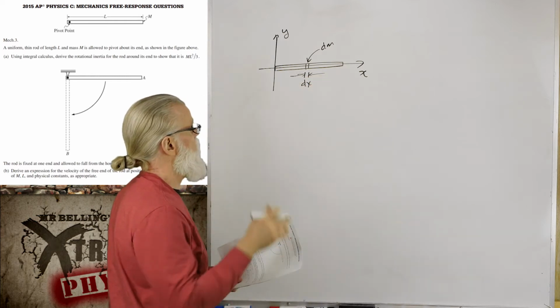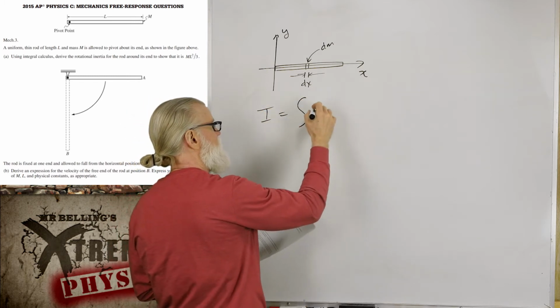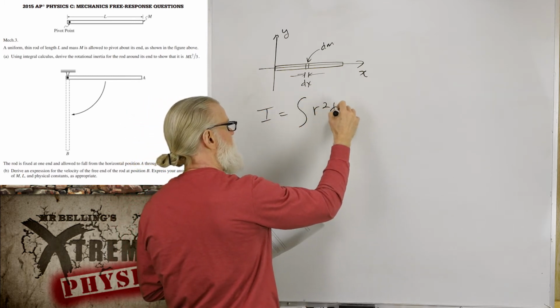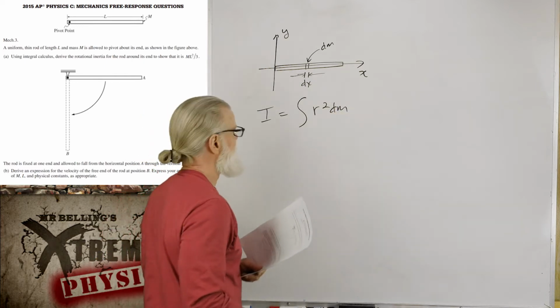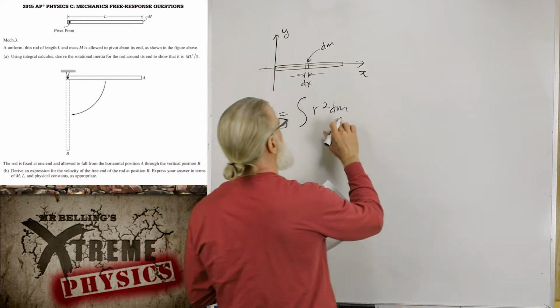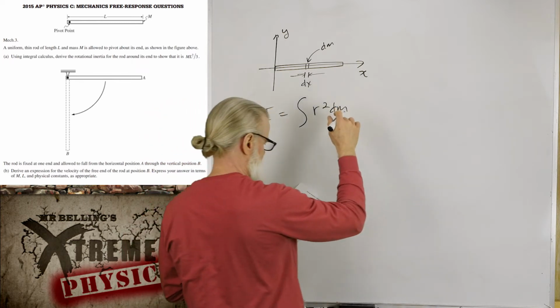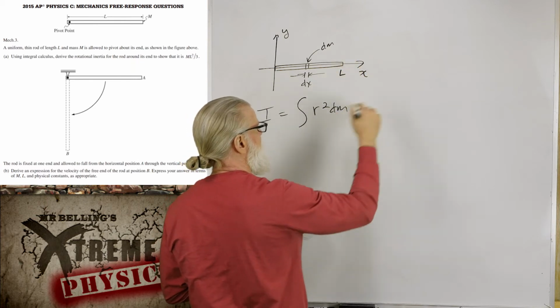All right, so we're going to use integral calculus. The integral of r squared dm is the moment of inertia. So we just need to get this dm in terms of dx. The rod has length L, so this is position L here.